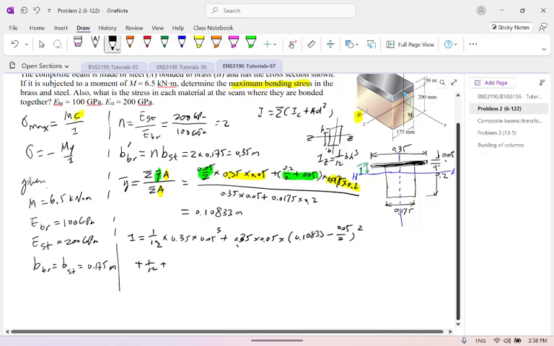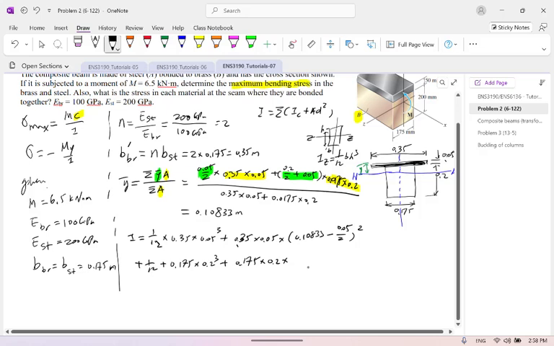The bottom one is b times height, plus area times this one.